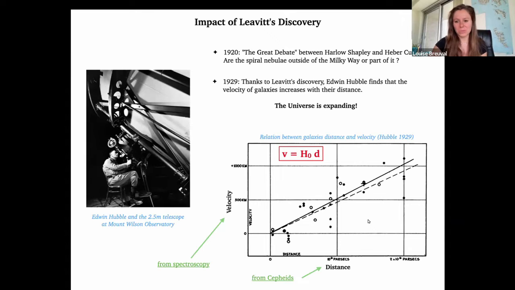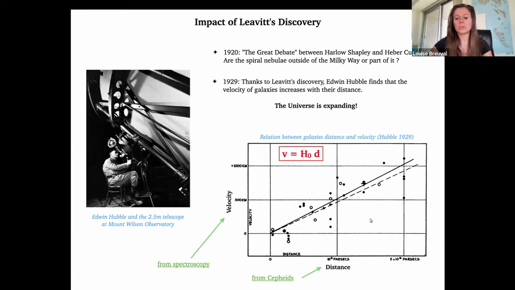But because Edwin Hubble was not using the correct class or family of Cepheids, it was shifted. So there was an offset, and he estimated the expansion of the universe was much faster, much higher than what we know today. However, the trend was still correct.